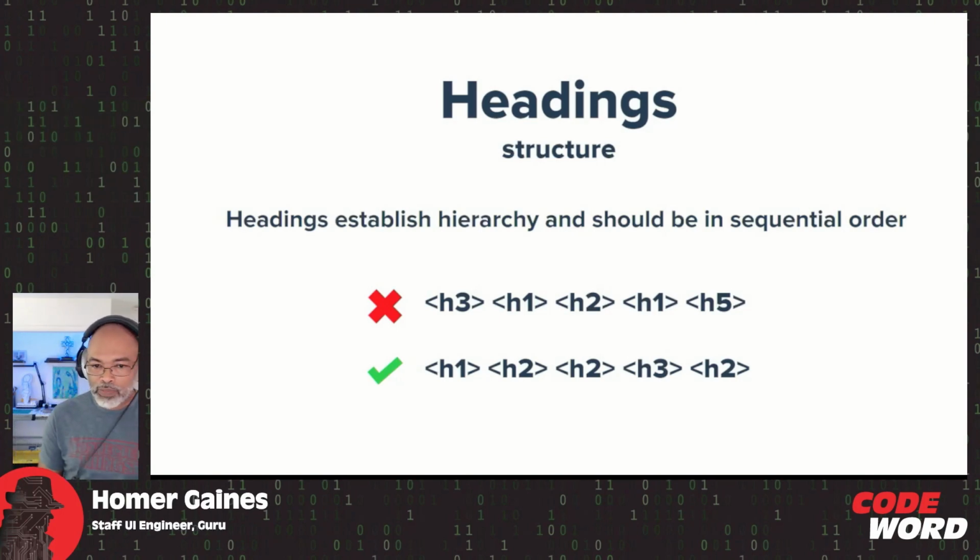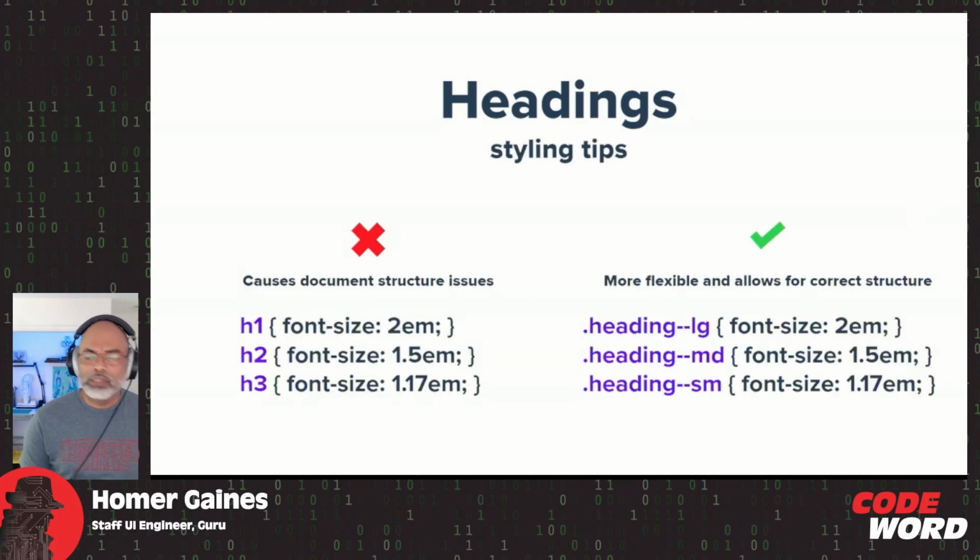Start with an H1, and then your next one will be an H2. You can have as many H2s as you need, as many H3s as you need, and so forth down the line. But rule of thumb, you always want one H1. And then when it comes to styling, how should we style them if the H1 is supposed to be the largest? That's when you want to separate the styling from the actual HTML element itself.